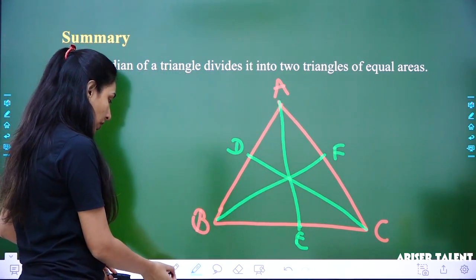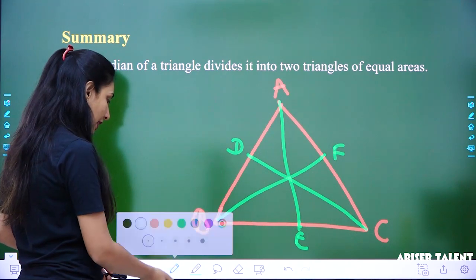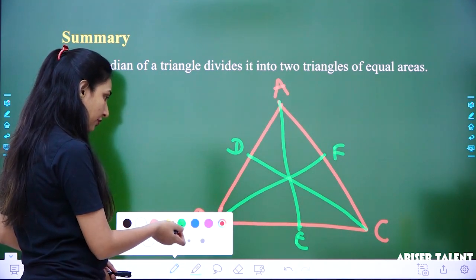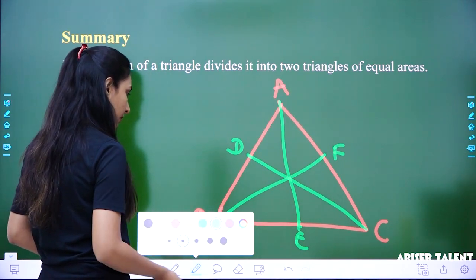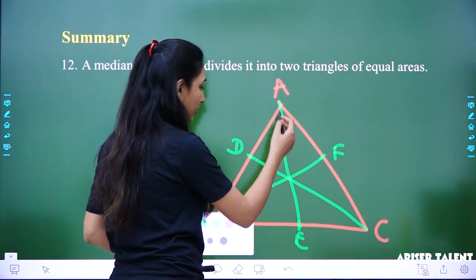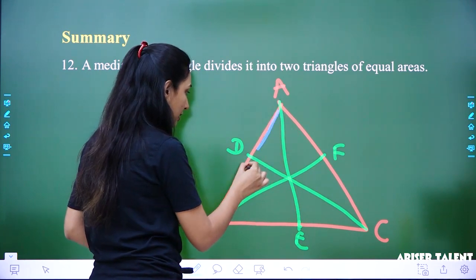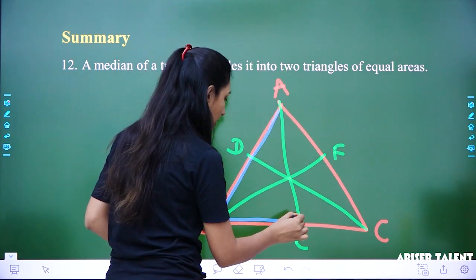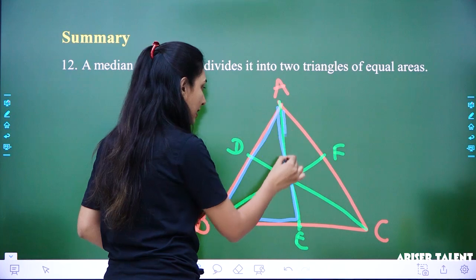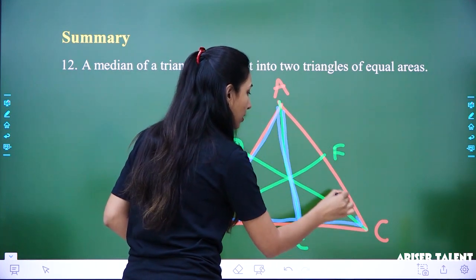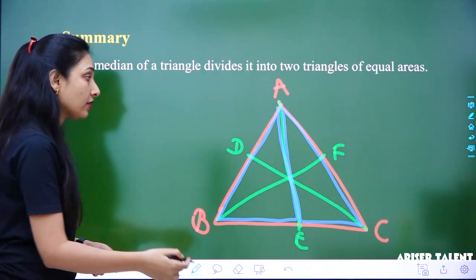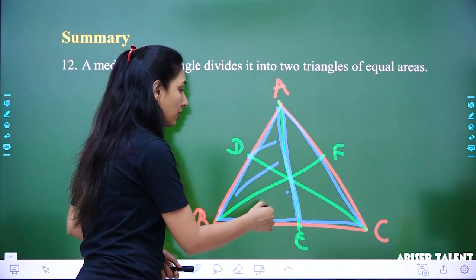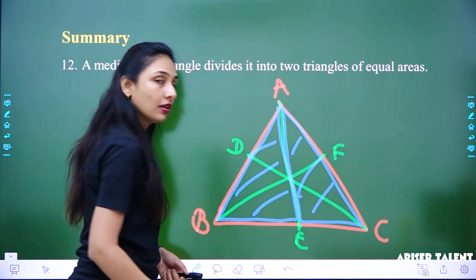Now, what I am going to tell you is that if this is the median here, this area and this area are going to be equal. A median divides a triangle into two equal areas. So this area will be equal to this area.